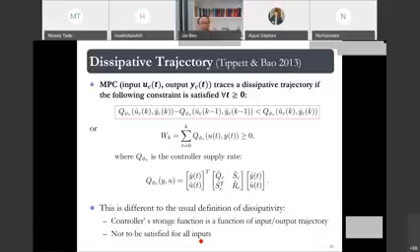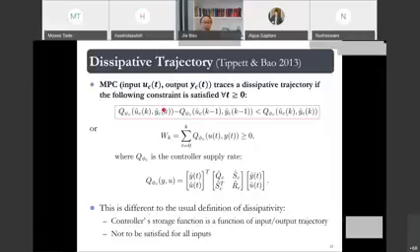The second challenge we solved by defining dissipative trajectories. Because in QDF we define the supply rates and storage functions based on the trajectories, we can do it for the controller trajectories as well.